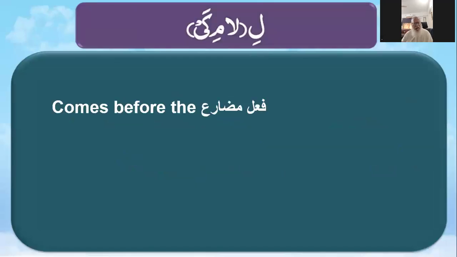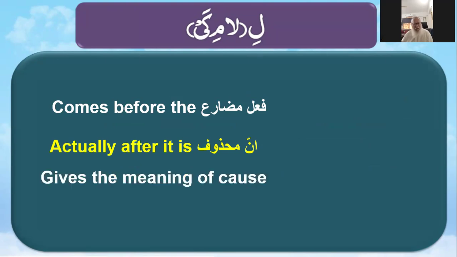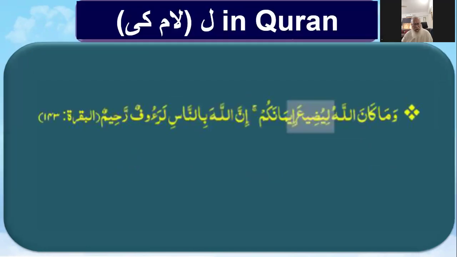The lam of kay comes before the fi'l mudari'. Actually, after it an is hidden, and it gives the meaning of cause. Just like وَمَا كَانَ اللَّهُ لِيُضِيعَ إِيمَانَكُمْ إِنَّ اللَّهَ بِالنَّاسِ لَرَءُوفٌ رَحِيمٌ.